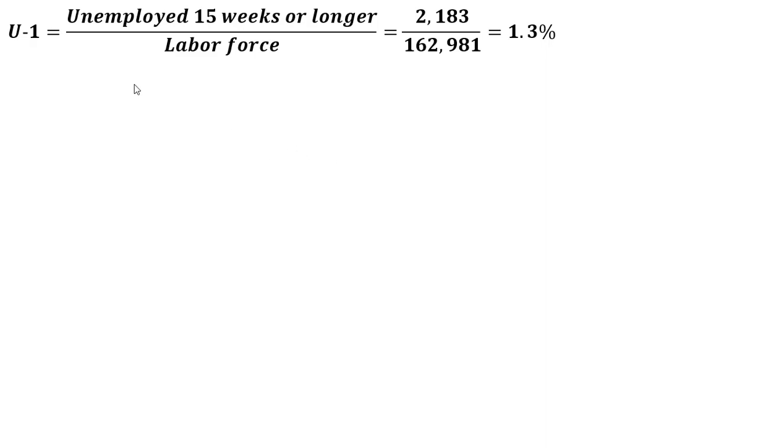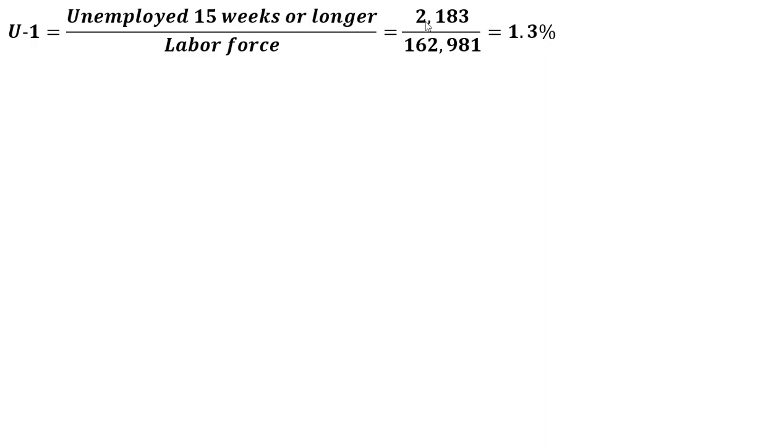So here's one measure of unemployment. We're going to take the number of unemployed that are unemployed for 15 weeks or longer and divide it by the labor force. And we get a rate in June 2019 of 1.3%.